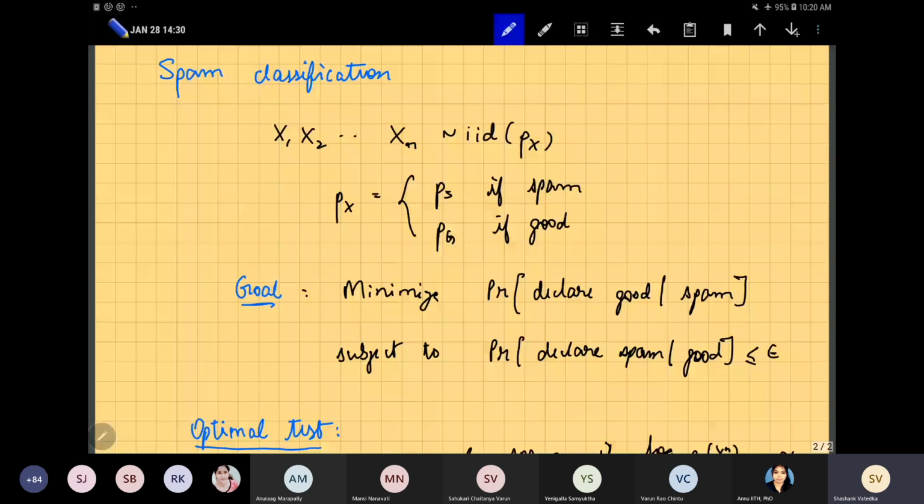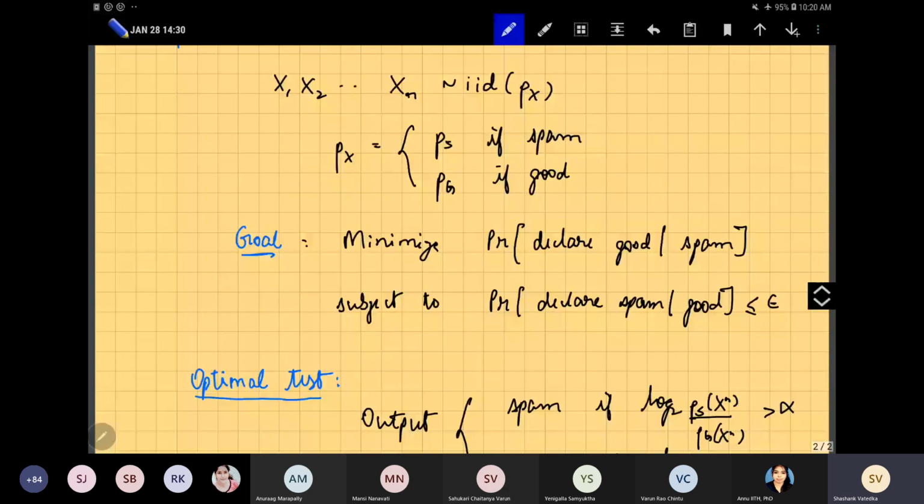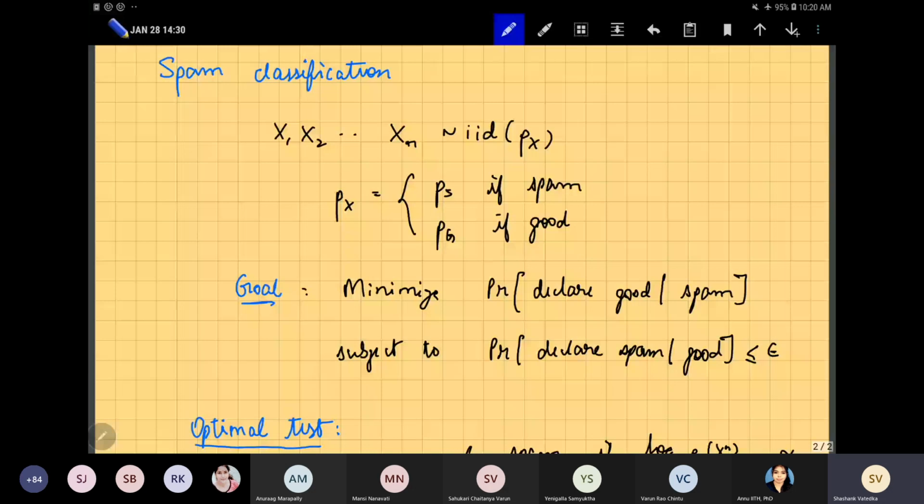In the problem we'll assume that these distributions, the spam distribution and the good distribution, are already known to us. So maybe we have a large repository of spam emails and good emails, and we estimate the distributions of the spam email and the good email a priori. Given these distributions and given a new email, our goal is to classify this as spam or not spam.